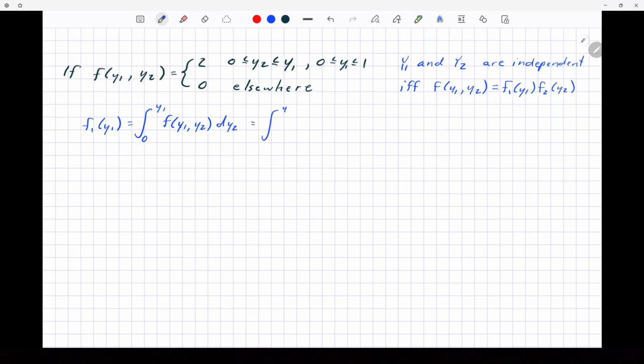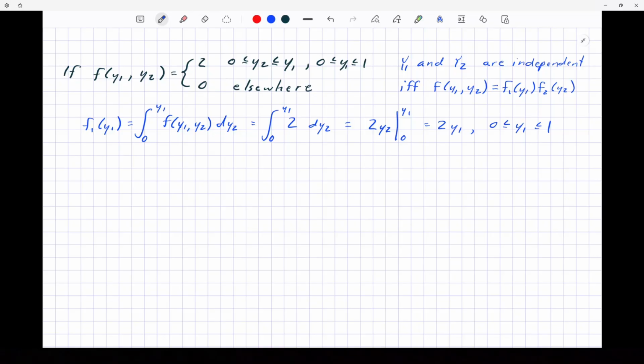So what we see there is simply the integral of 2 dy2, which is equal to 2 y2 evaluated from y1 down to 0, which is equal to 2 y1, and we should again specify the range of that value. So that's our first marginal probability.